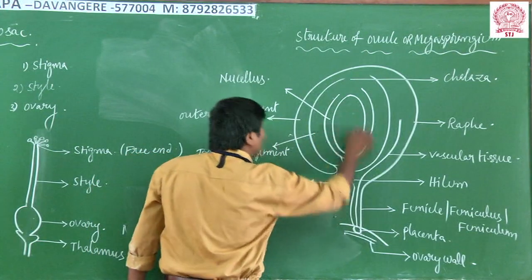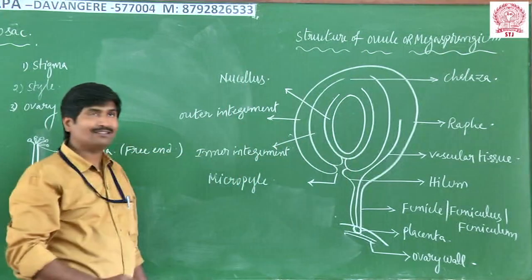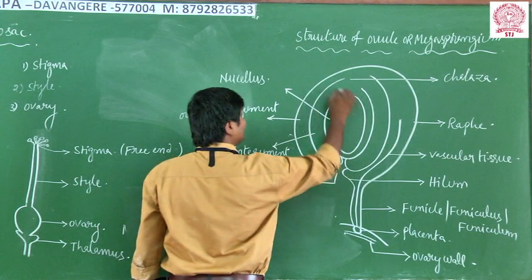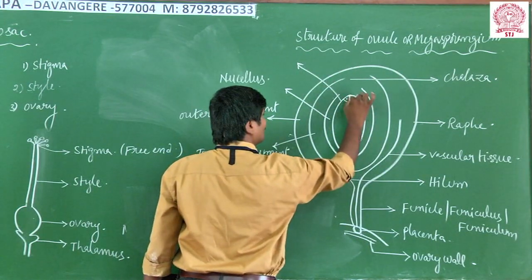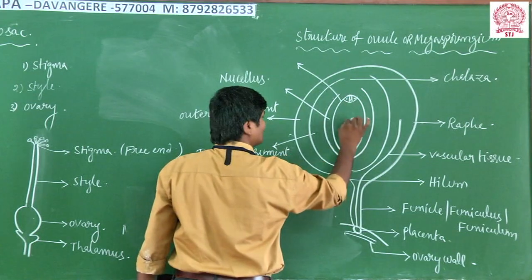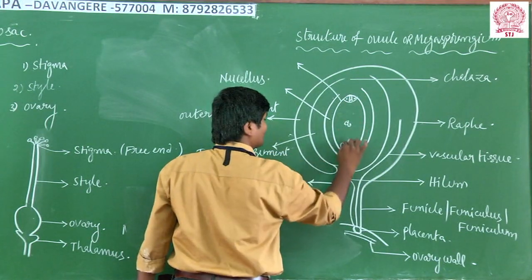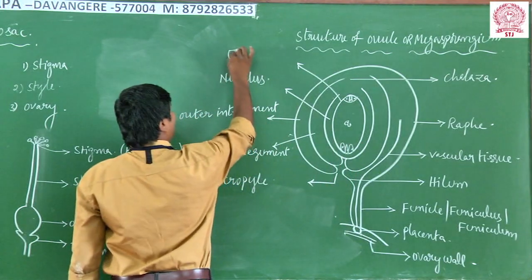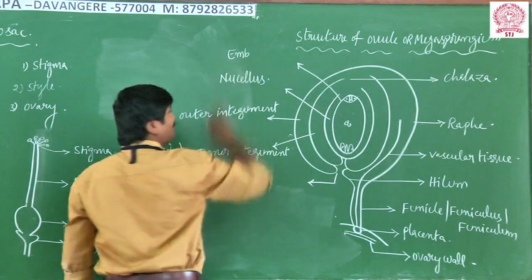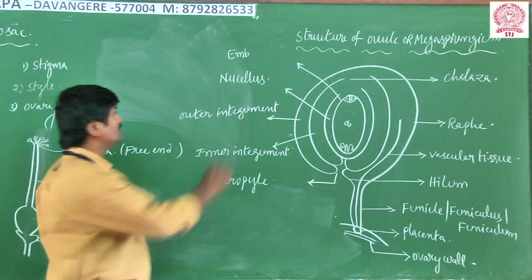In the central portion of the nucellus is the embryo sac, the female gametophyte.